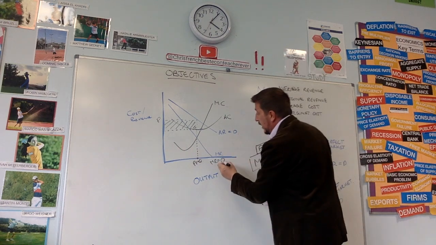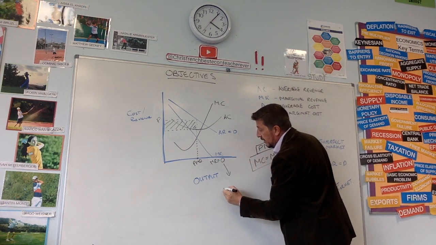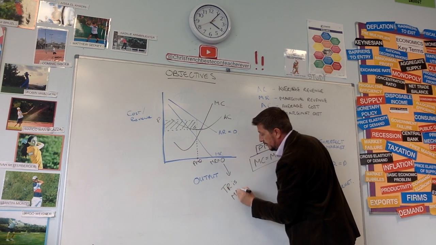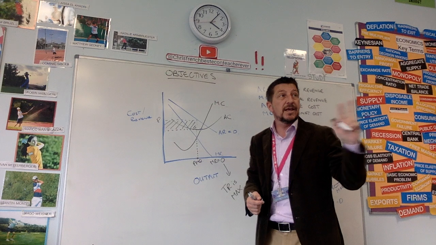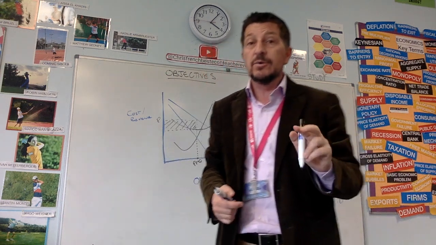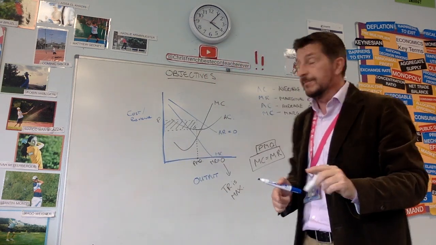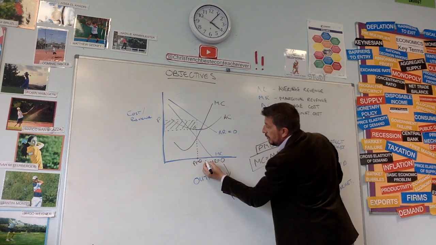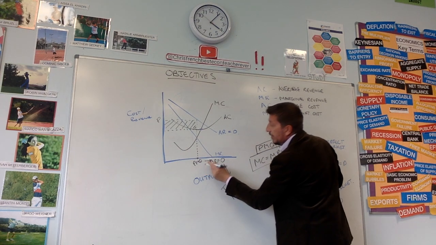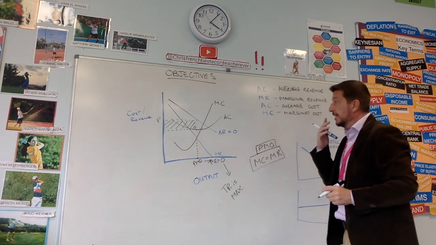So where MR equals 0, we have total revenue is max. Okay, so that's our second objective, which is revenue maximization. And you can see that's a much bigger level of output than our profit maximizing level of output.